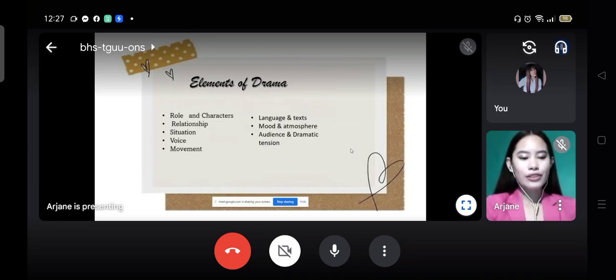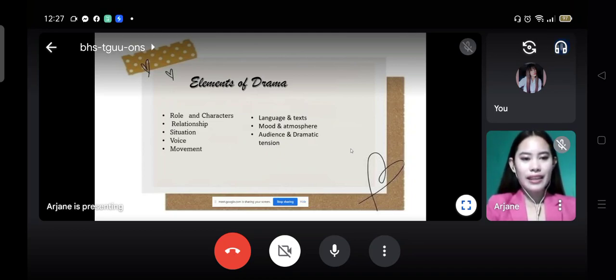So the characters must be emphasized. What kind of character are you? Or if you are given the role of Cinderella, then act like Cinderella. Or you can be dressed like Cinderella, so that you can keep the interest of your audience.